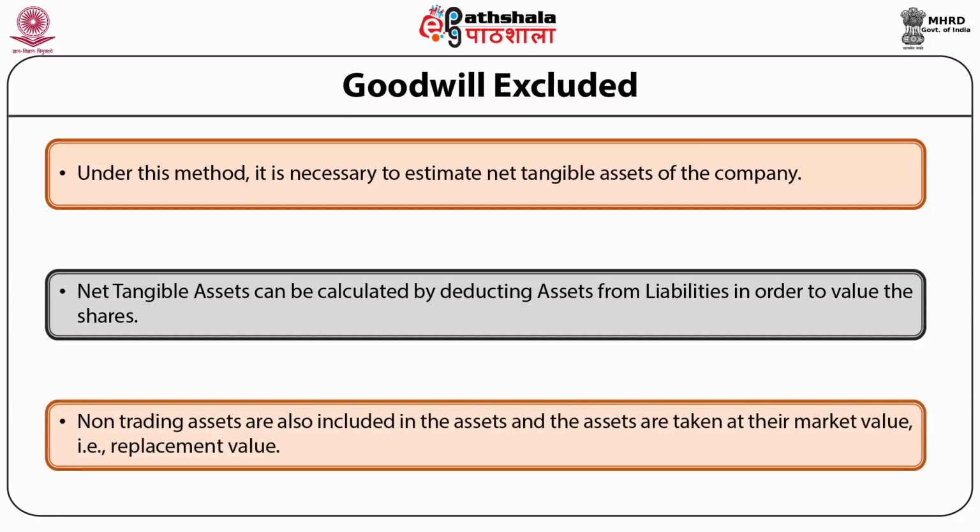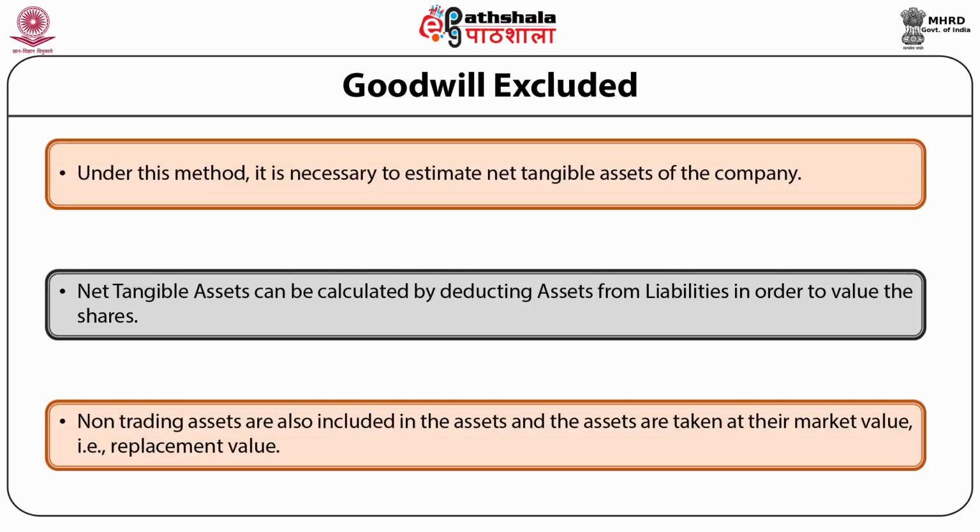Non-trading assets are also included in the assets, and the assets are taken at their market value, that is replacement value. Where both types of shares are issued by a company, the shares would be valued as under.